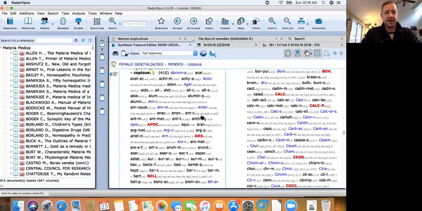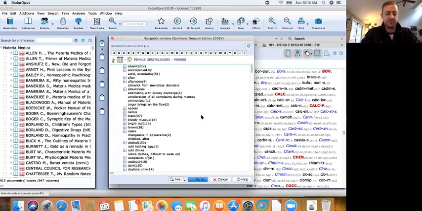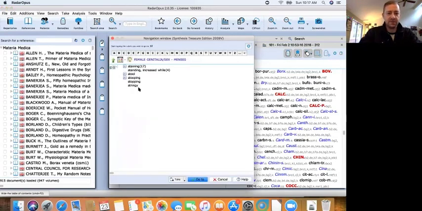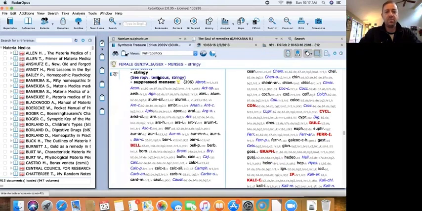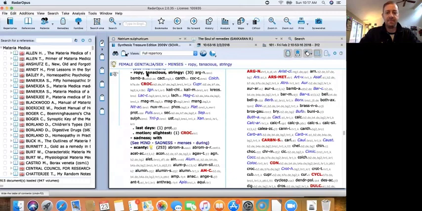Somebody did mention or asked about the menses, stringy or ropey. So there's stringy, ropey, tenacious, and stringy. So you can double click on that and we can add that in if we want. It would really have to be tenacious and ropey. Like you see crocus is in there, crocus sativa. That's in there as a grade 3.